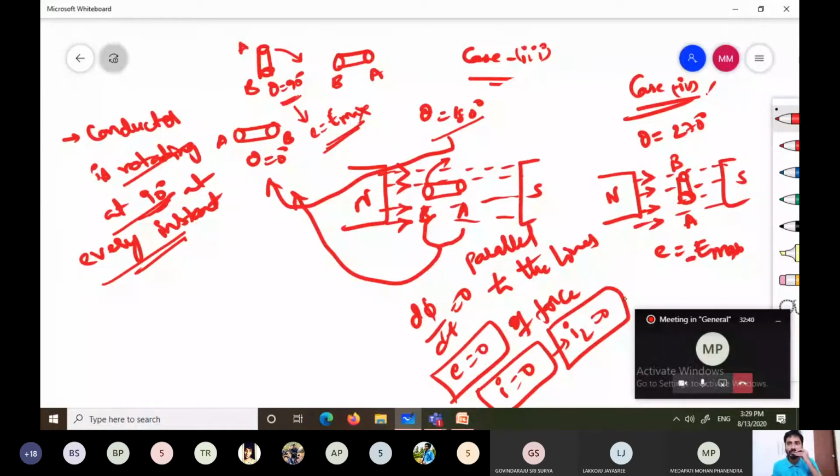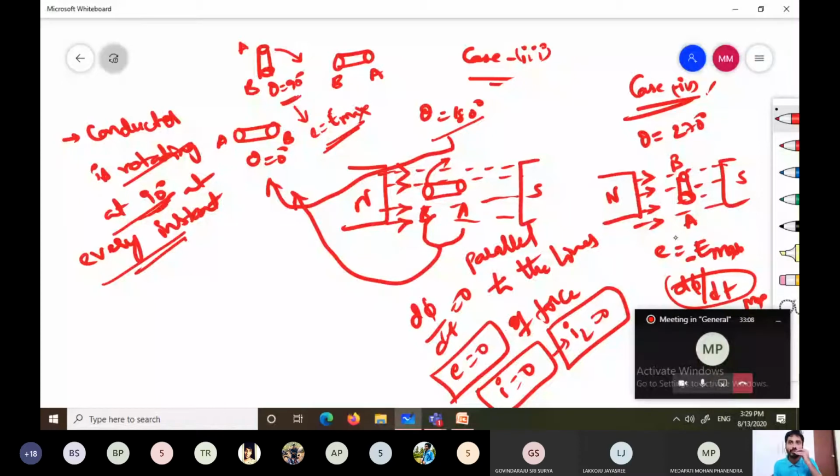Why is it indicated as maximum? Here the conductor is placed perpendicular to the lines of force. Whenever the conductor is placed perpendicular to the lines of force, the flux linkage is maximum. dφ/dt, the rate of change of flux linkage, is maximum in this case. If the rate of change of flux linkage is maximum, what happens to EMF?